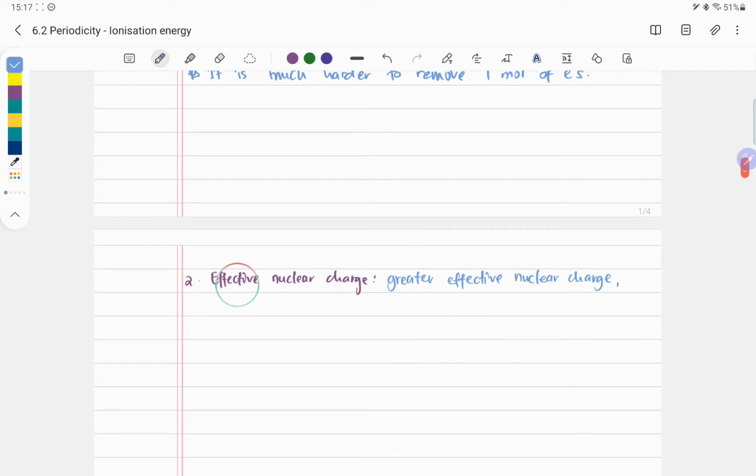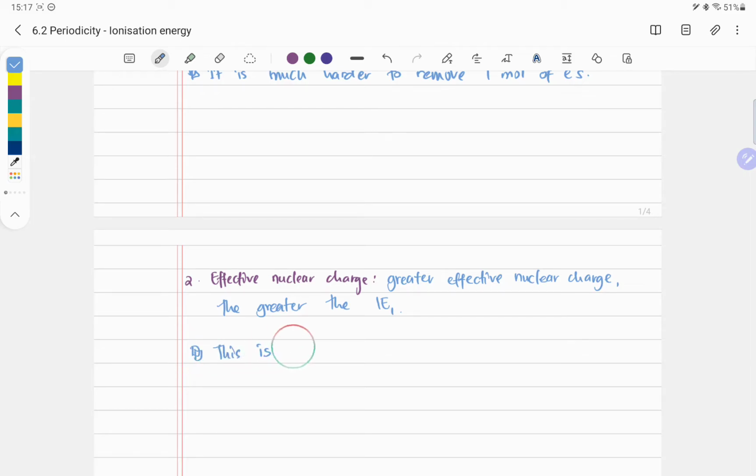If we look at the second factor, it is the effective nuclear charge. The greater the effective nuclear charge, we can expect the greater the first ionization energy.